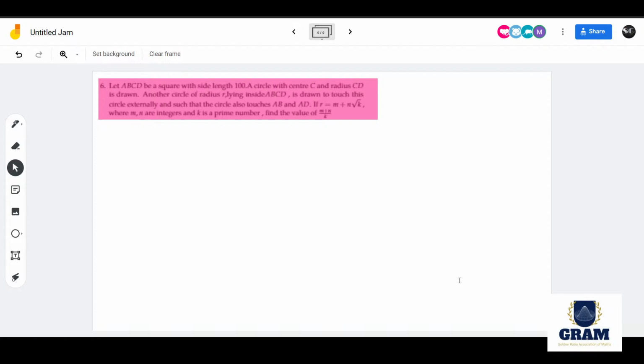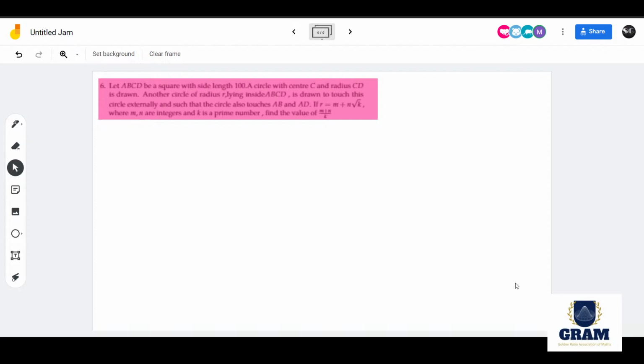So this is the radius. The circle is drawn to pass through B. It will be like this.